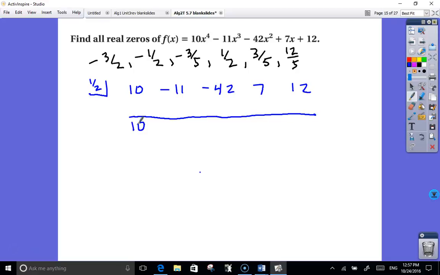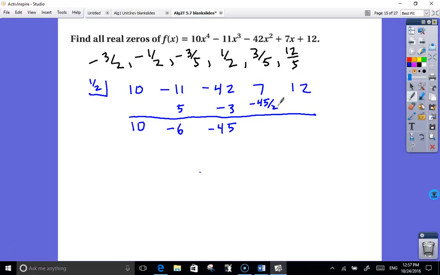So let's try this. 1/2 times 10 is 5. Add. 1/2 times -6 is -3. Add. 1/2 times -45. That stinks. -45/2. I'm going to finish this out, but in my mind, as soon as I'm sure that it's not going to have a remainder of 0, I really don't care anymore.